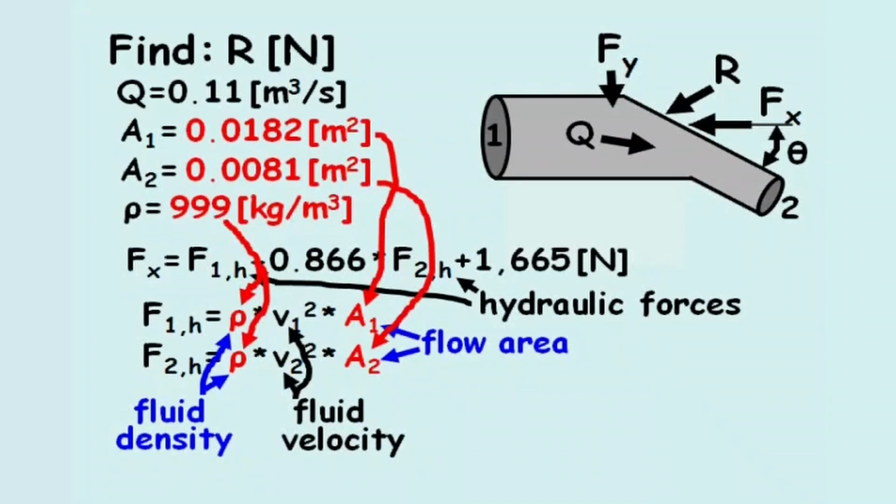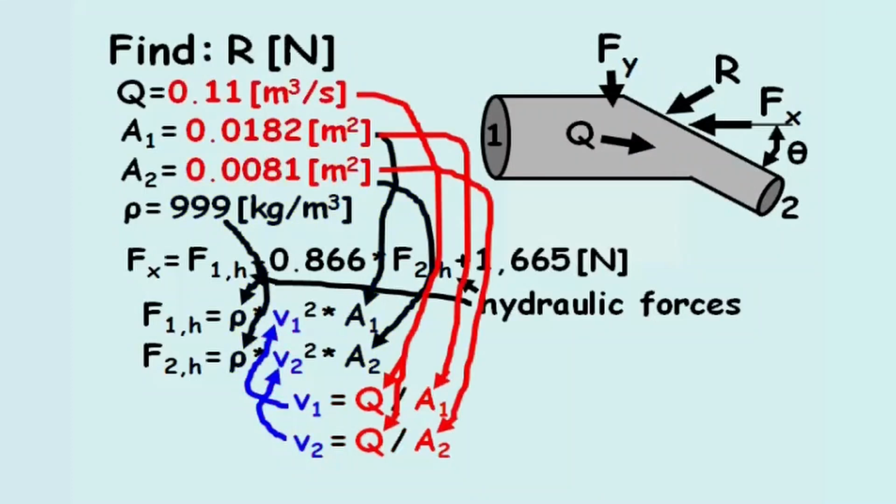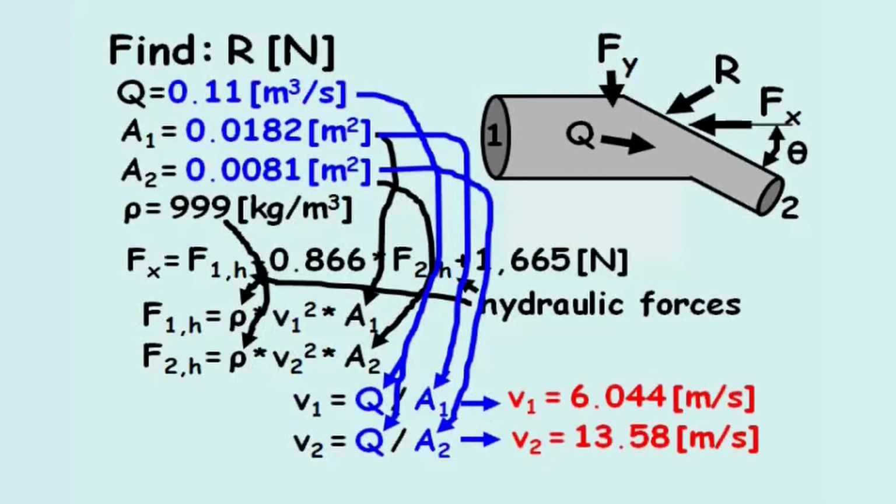The velocity entering and exiting the nozzle equals the flow rate divided by the flow area. After plugging in the appropriate values, the velocities entering and exiting the nozzle equal 6.044 meters per second and 13.58 meters per second.